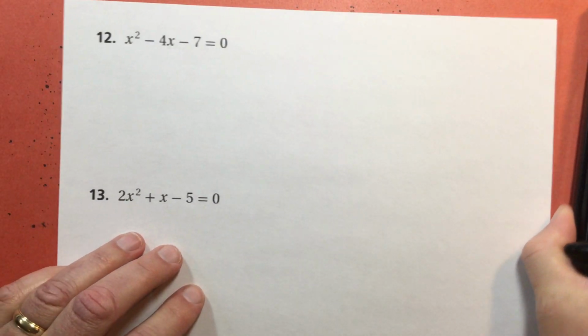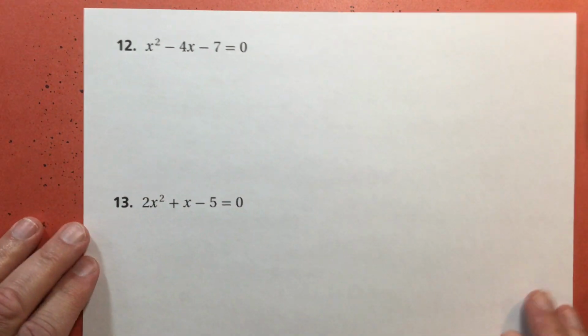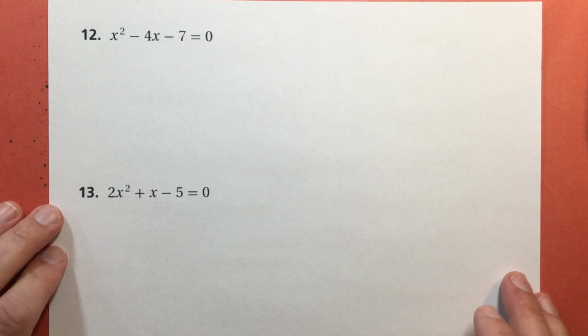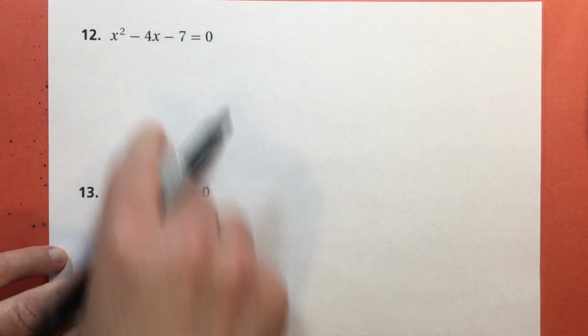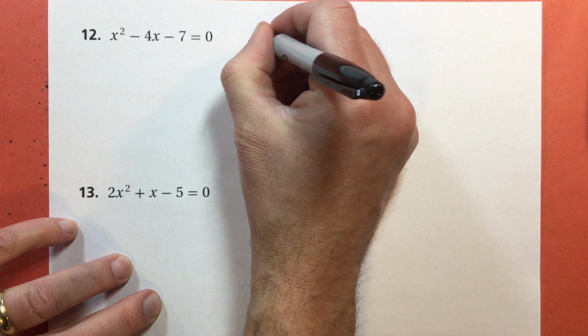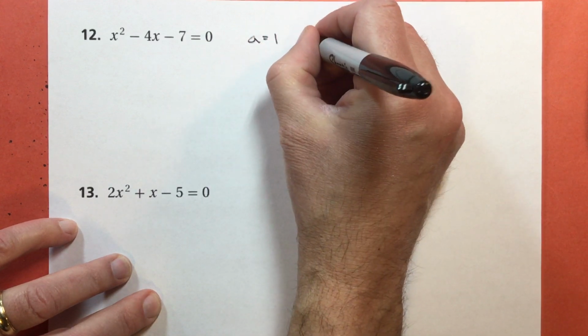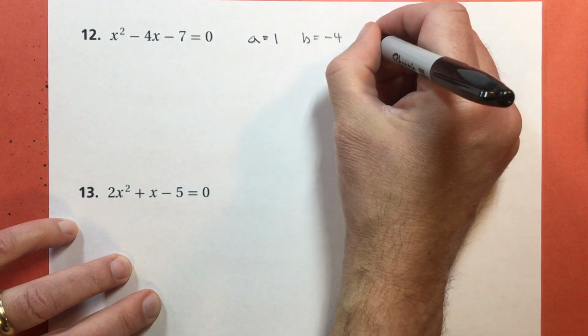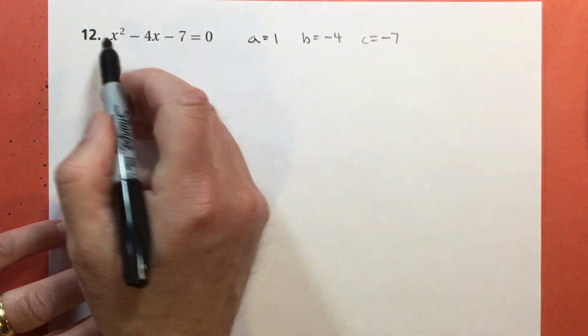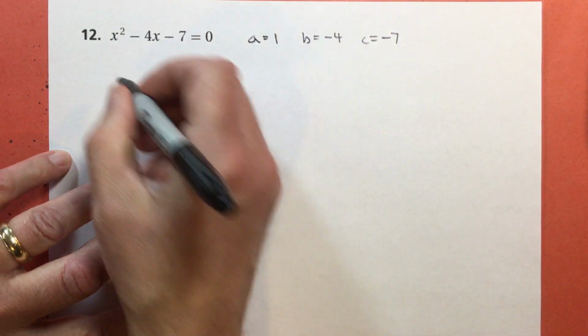All right, we'll do the last two in this section. Nice, both of these are in standard form, so I don't have to worry about that. A equals 1, B is going to be -4, and C is going to be -7.